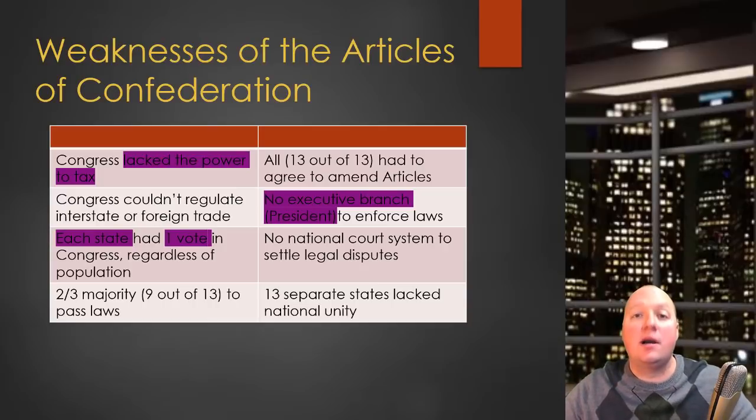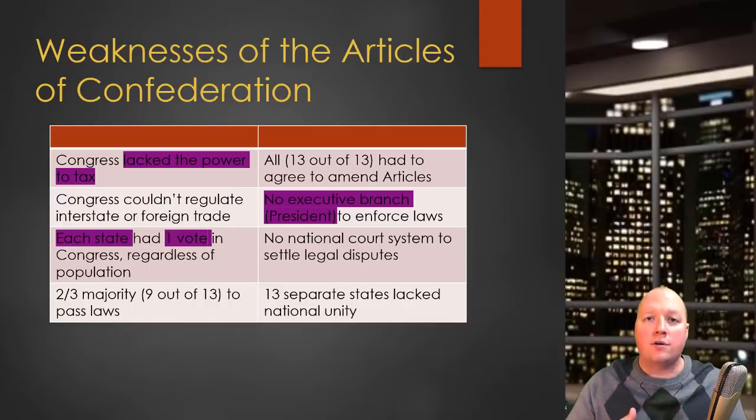If you want to make any laws under the Articles, it takes 2/3 of the states to pass a law. So 9 out of 13 states, not just a 50% majority, but 9 out of 13 is 2/3. Difficult to do that. If you wanted to amend the Articles, maybe create some sort of rule that allowed the national government to collect taxes, you'd have to amend the Articles for that, because in the Articles it said the national government can't collect taxes.